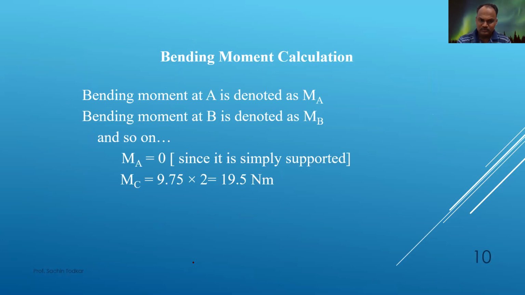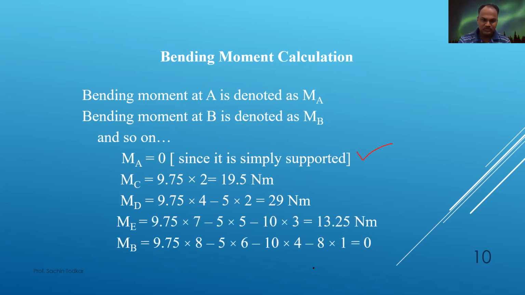Now bending moment calculations. We have to remember the bending moment at a simply supported end is always zero. So moment at A as well as moment at B will be equal to zero.